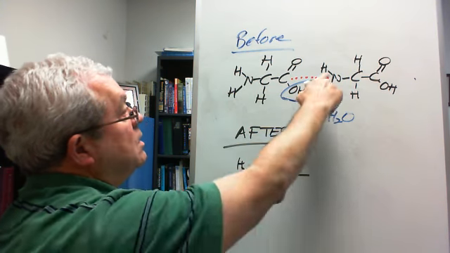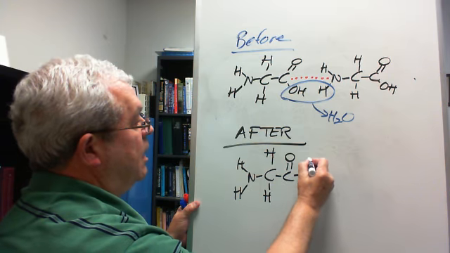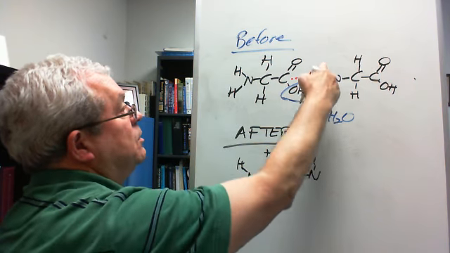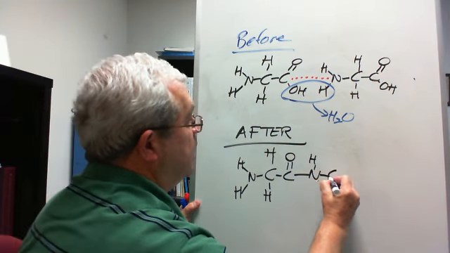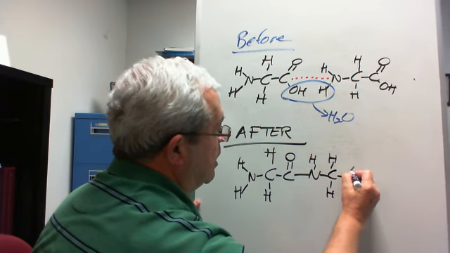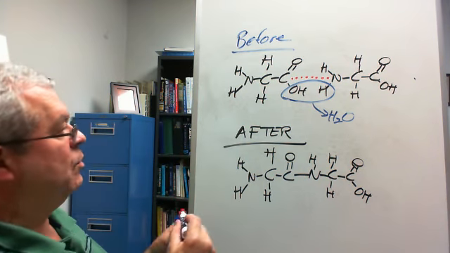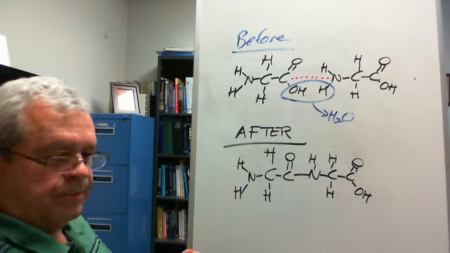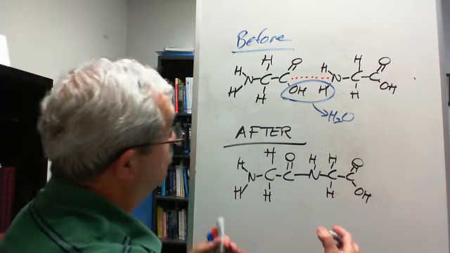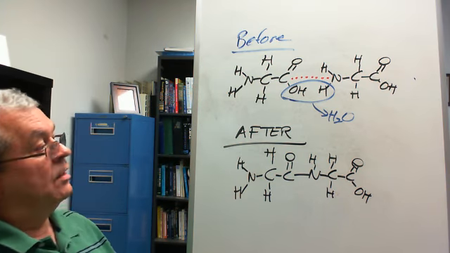And so it is connected directly to that nitrogen right there. And that nitrogen lost one of its hydrogens, but still has the other. And so then everything else is the same as we have had it before. So this represents the after picture, and this is what you need to come up with to get your 5 points.